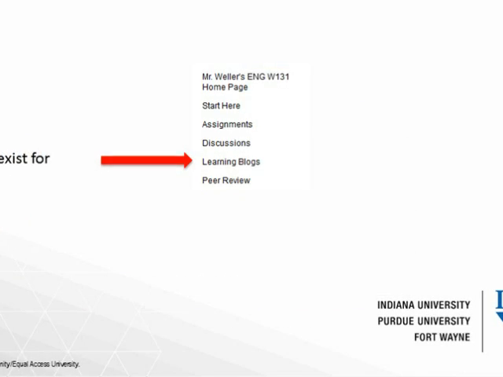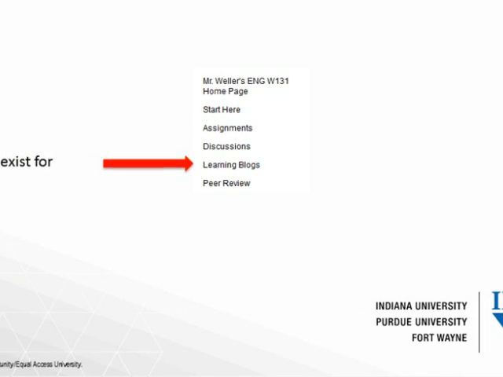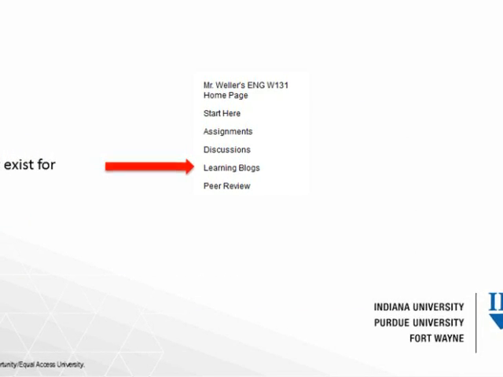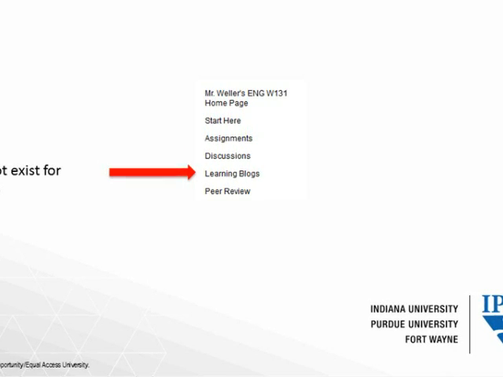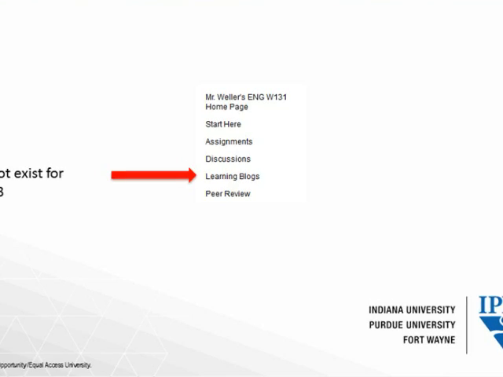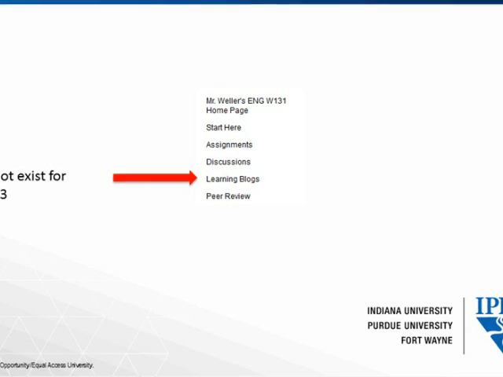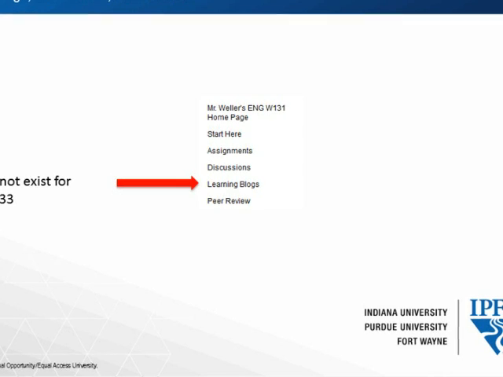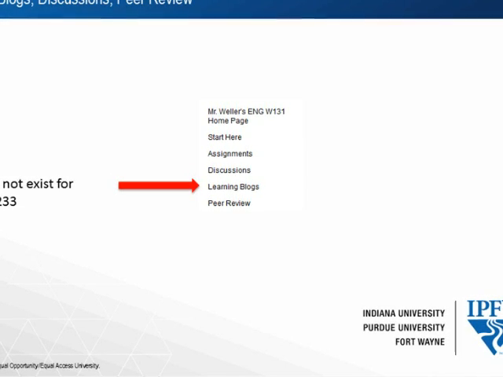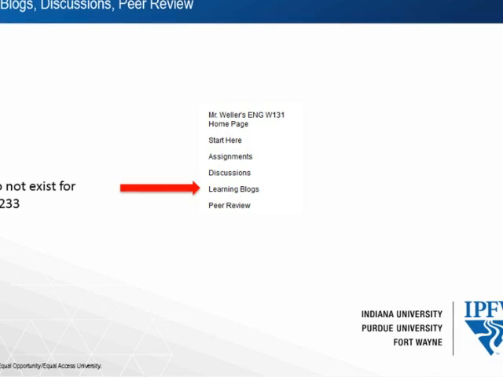Next, I wanted to say this, there are some other links in the left side navigation menu. I always have a link there to all the discussions where you see all of the classroom discussions. You can also see them in the unit folders, which is fine. They're the same. It doesn't matter where you work on discussions, just as long as you find them, they all end up going to the same place, okay?